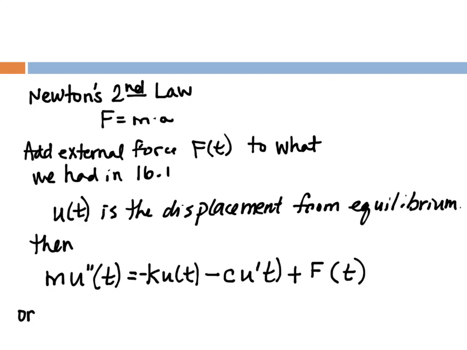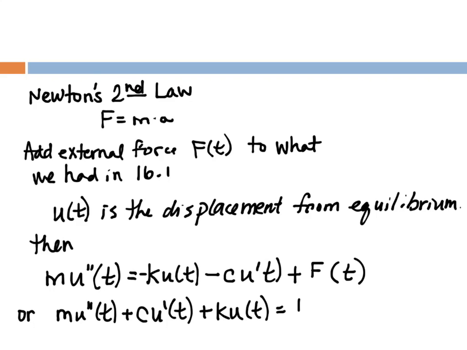So that's sort of mirroring what we did last time. Or if we move things around a little bit from last time as well, we saw that this was m times u double prime of t plus c u prime of t plus k u of t equals f of t, our new force. This is the same equation we had last time, except for what?